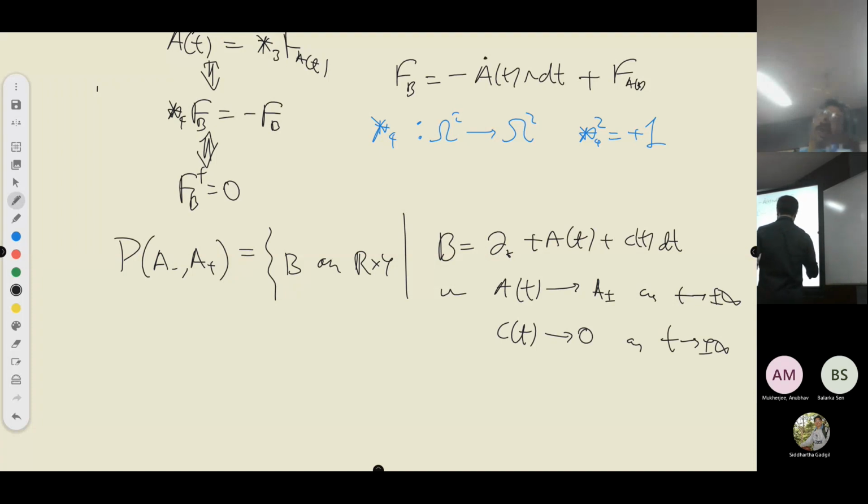The reason we put this Ct thing is so that you have an action of the gauge group of R cross Y on this path space. If you had demanded Ct to be 0 all the time, then you would have been stuck in the earlier situation.